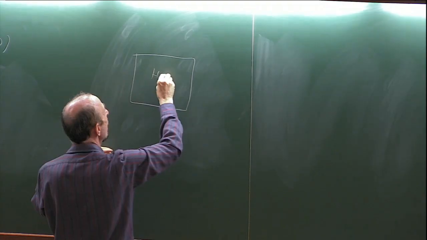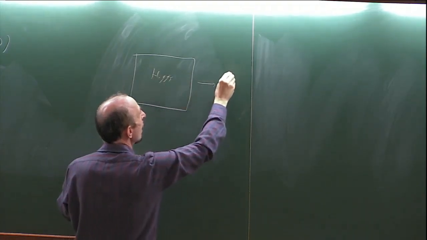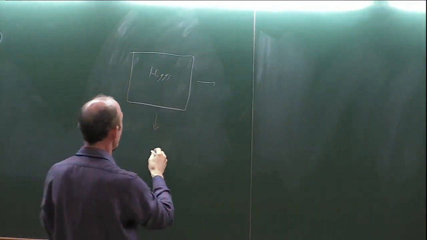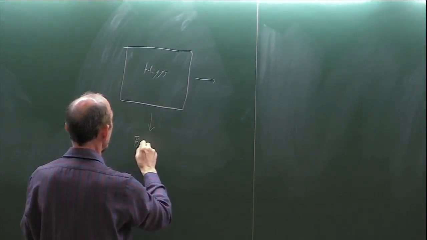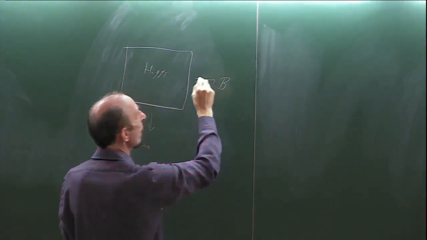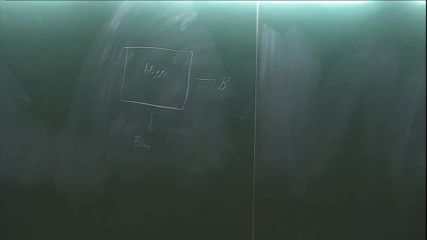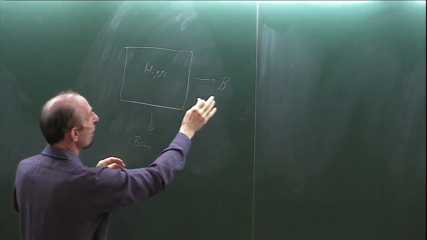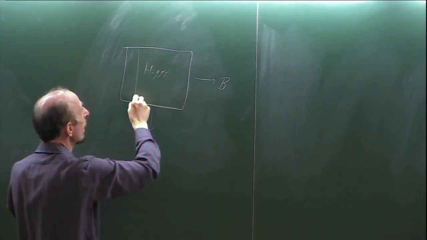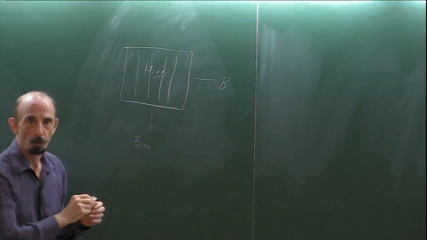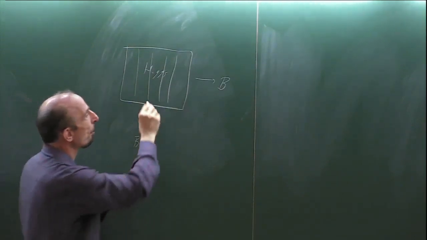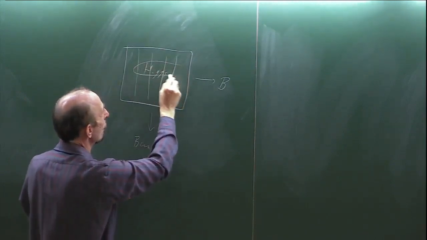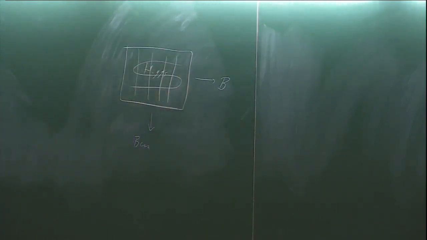Here's Higgs. It has two Lagrangian fibrations. One goes to Bun, and the other goes to the Hitchin base B. The fibers this way are just vector spaces. The fibers that way are going to be abelian varieties. So I'll try to draw them as something more complicated.